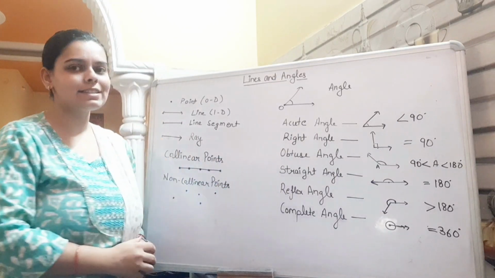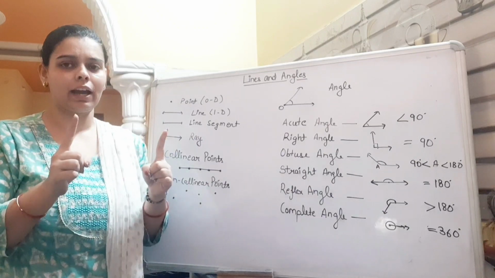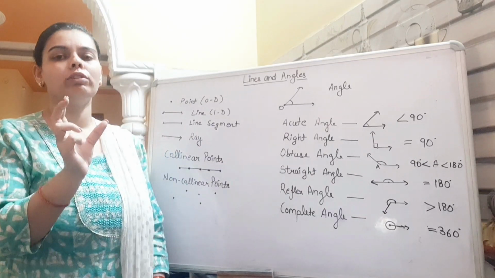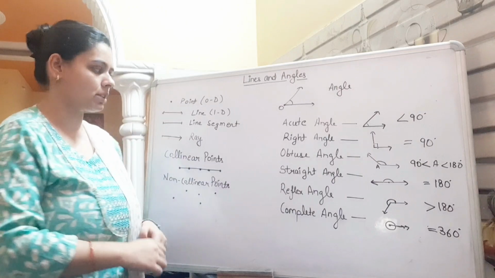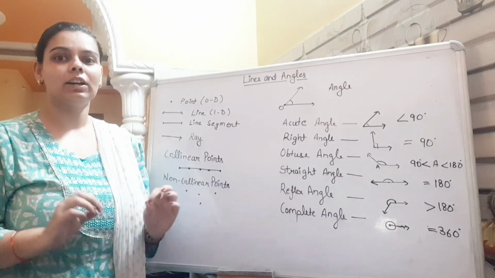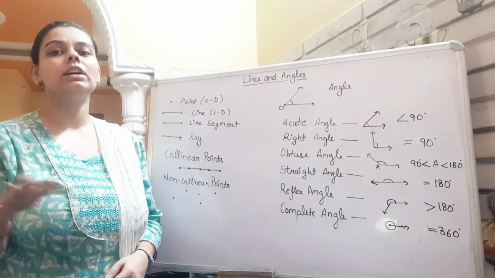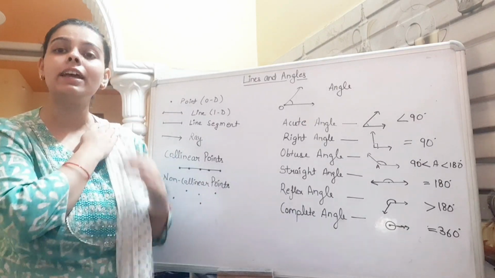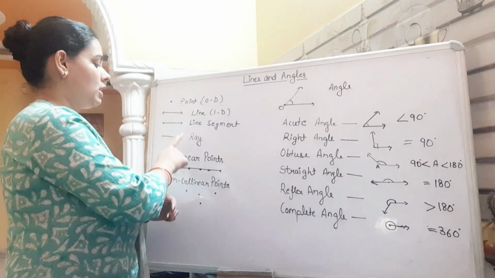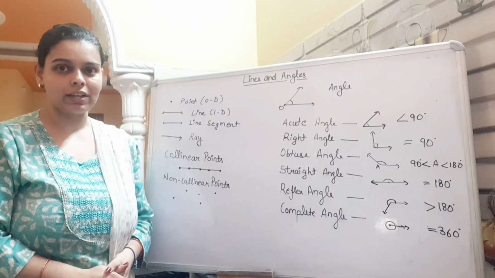Now, a line segment is a part of a line, a single segment of a line. A ray is a line which has one endpoint and the other can be extended infinitely. Now the collinear points.